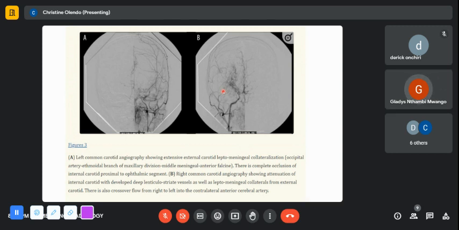So if you have perforators already originating before the area of occlusion, they're going to dilate to supply the basal ganglia and to also provide an alternative route of blood flow. Okay, thank you. Remember, it's a chronic process, so it takes a while for this to develop, and initially it is sometimes not very effective. So these children tend to get multiple strokes.